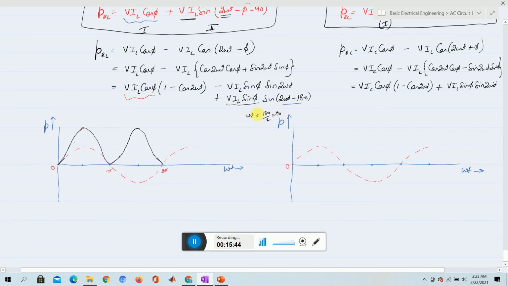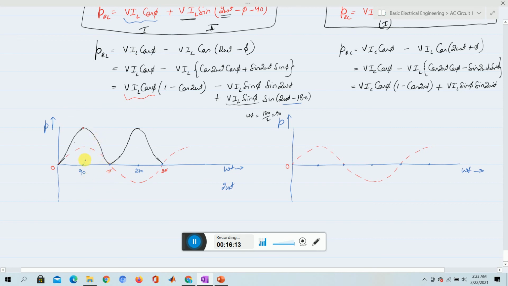So we have a sine pattern of this reactive value, with twice the frequency. It will start with a 90-degree lag, and it will have twice the frequency. So we will not consider 90 and 270 degrees as omega t, rather it will be on a scale of 2 omega t. So we will have one pattern.